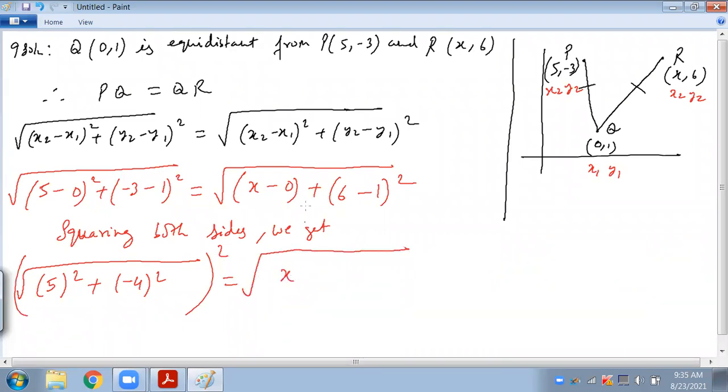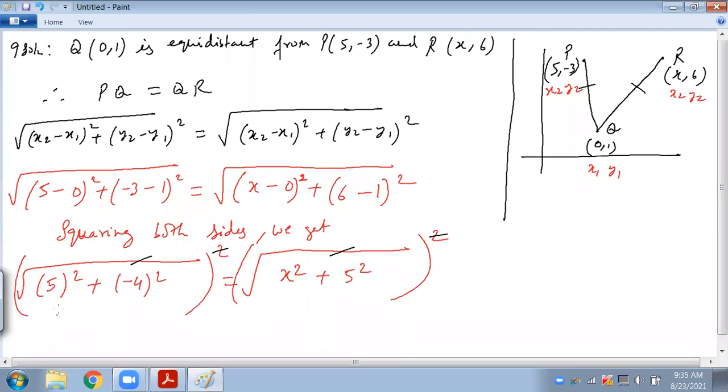X minus 0 is x. Okay, I forgot to put a square. So it will be x square plus 6 minus 1 is 5, square. What will happen if you square both sides? The square and root will get cancelled. After writing squaring both sides, we can remove the roots. You can skip this step also.